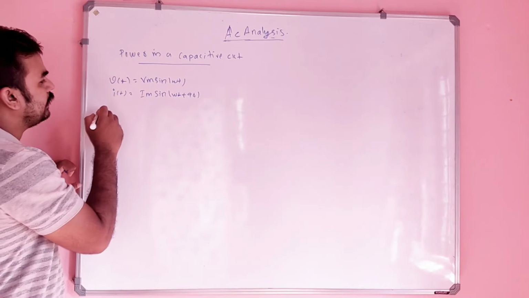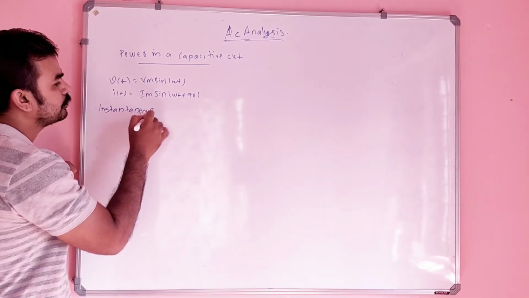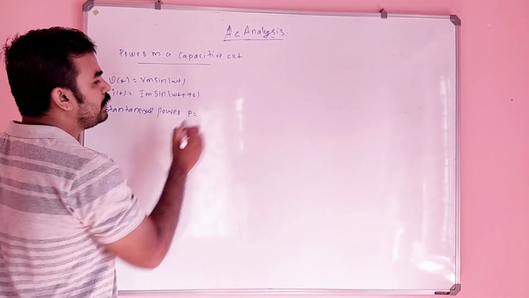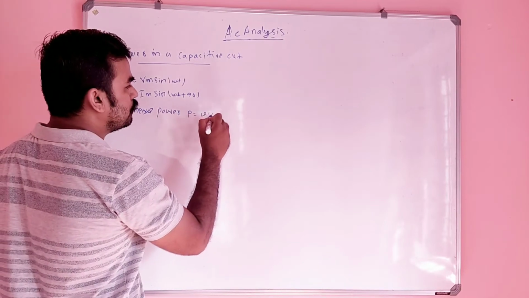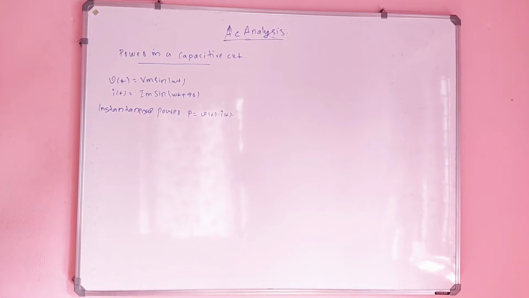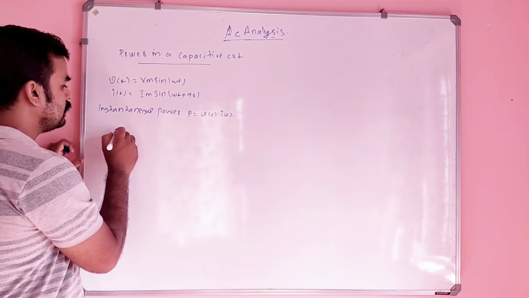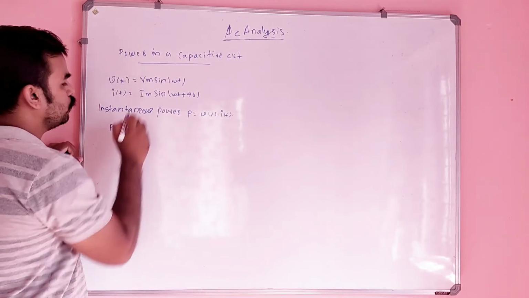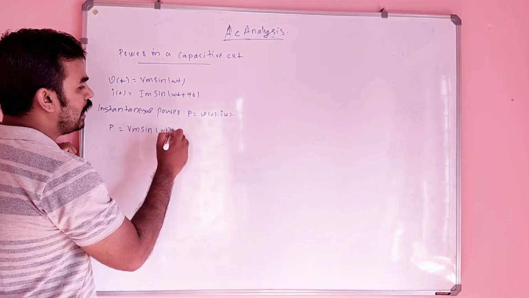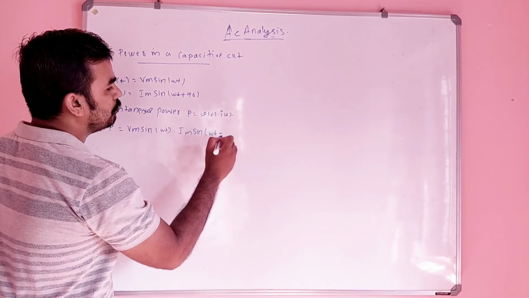So we can say that the instantaneous power, small p, is equal to the instantaneous value of voltage into the instantaneous value of current, right? I can write p is equal to Vm sin omega t, which is the instantaneous value of voltage, and the instantaneous value of current is Im sin of omega t plus 90 degree.